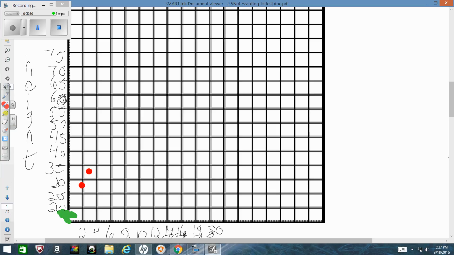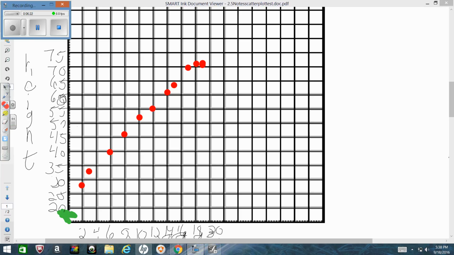Then 3, 33; 6, 40; 8, 46; 10, 52; 12, 55; 14, 61; 15, 64; 17, 70; 18, 72; and 19, 72. That should be up a little bit higher right there. So there are our points.